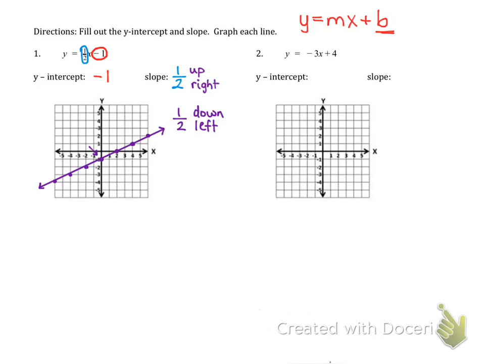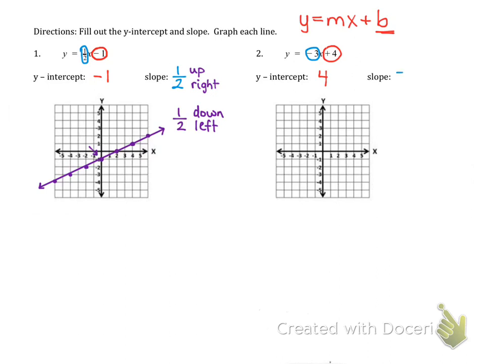Number 2, we have the equation y equals -3x plus 4. So our y-intercept is our b value, which is +4. And then our slope is our m value, which is the number in front of the x. So here it is -3.